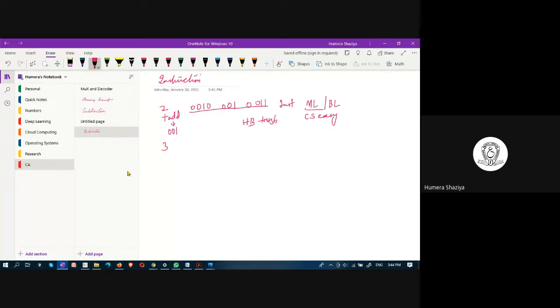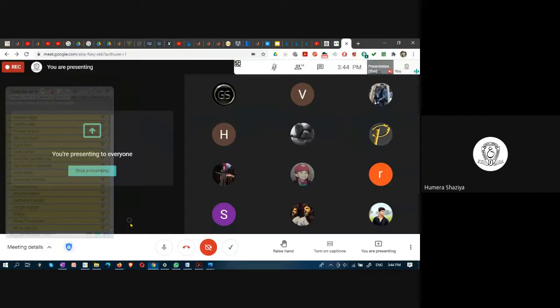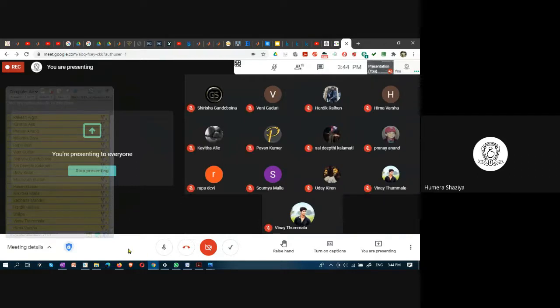Have you heard about assembly level language? Programming languages are divided into low level and high level. In low level, you have machine languages and assembly level languages. Assembly level languages come under low level.